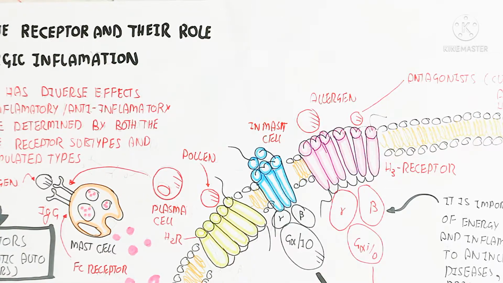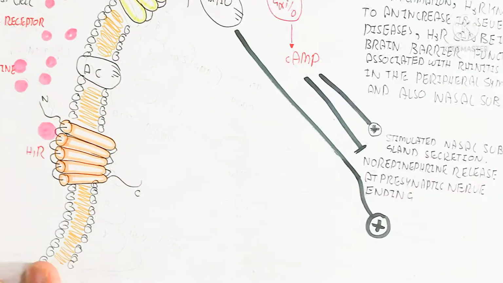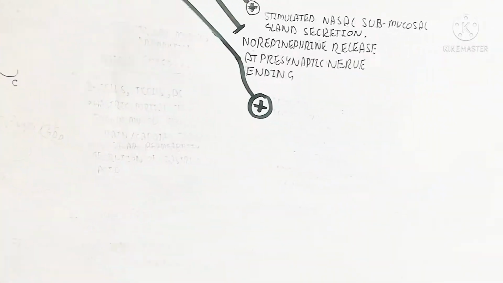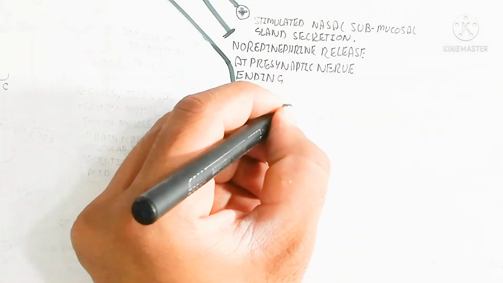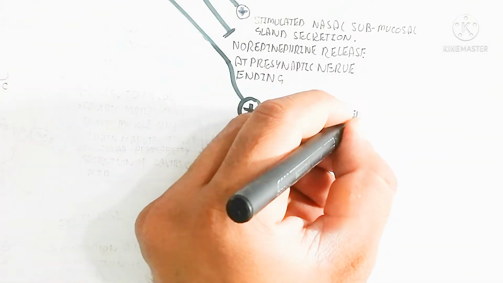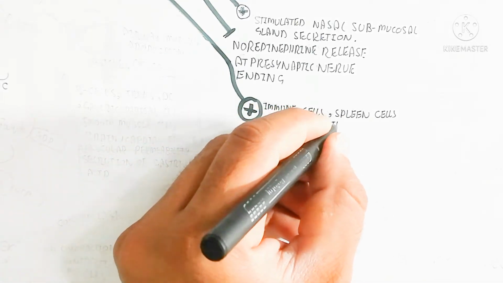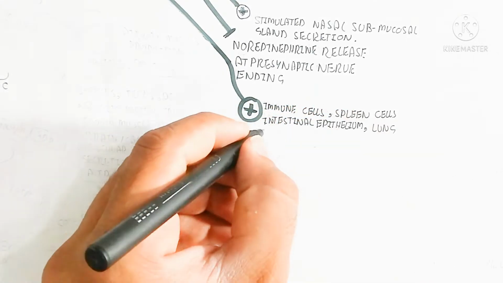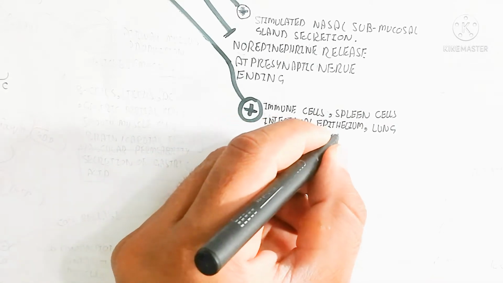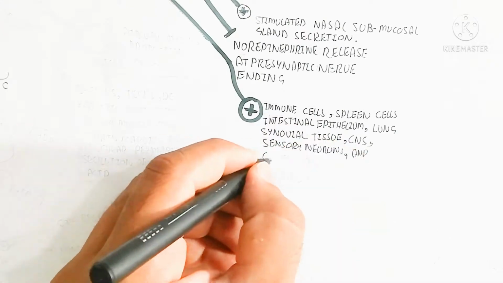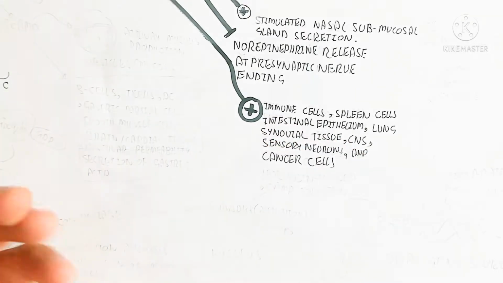While here is the mast cell, here is the trimeric subunit. For example, when pollen is bound to the mast cell, the alpha IO subunit will be activated, leading to immune cell activation: spleen cells, intestinal epithelium, lung, synovial tissue, and central nervous system.